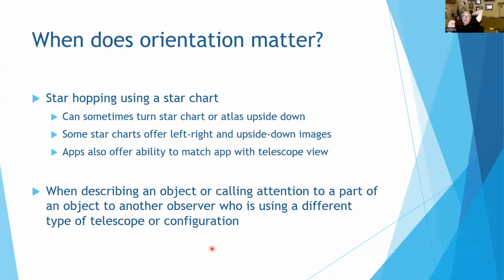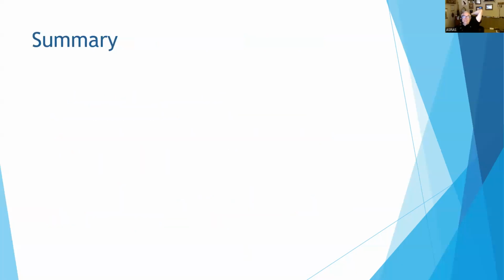Well, in his eyepiece, that bright light might be to the northeast if it's reversed differently. So you need to be aware of your image orientation, as does the person on the other end, if you're trying to describe something to someone who's not looking through the same eyepiece as you. Otherwise, people get more concerned with orientation than maybe they need to be.